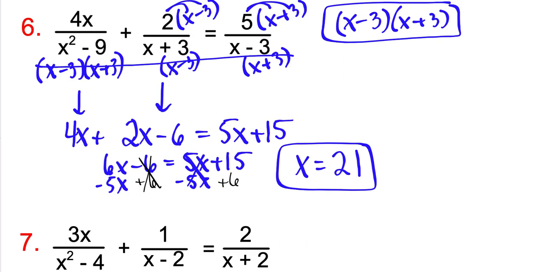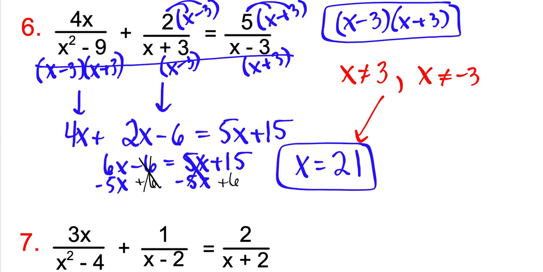Okay? And you should be able to check these. They're kind of a bear to check. It's not very fun. But if you plugged in 21 to everything, it would end up working out. And remember the numbers we cannot have. They would break it. We cannot have 3, and we cannot have negative 3. But we got a 21, so we're good.